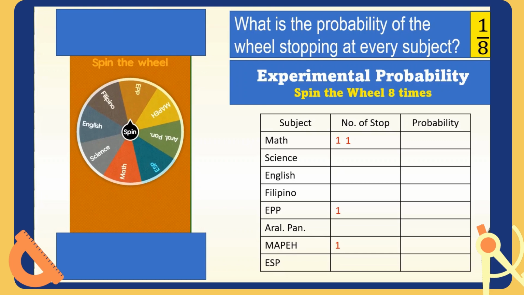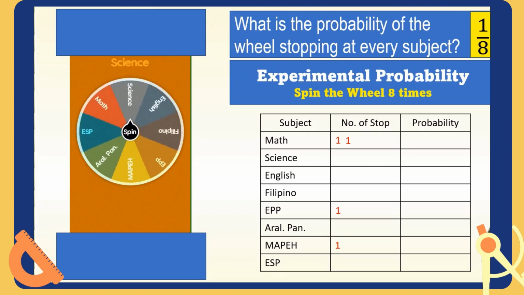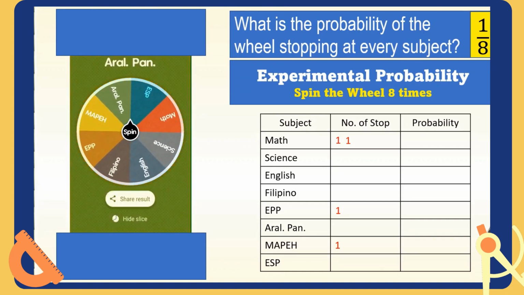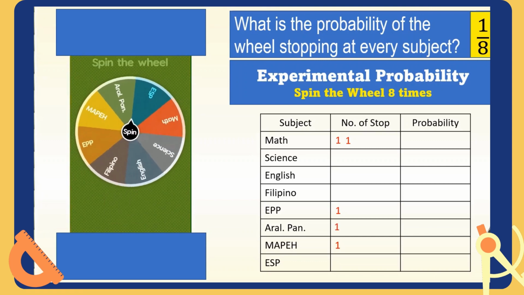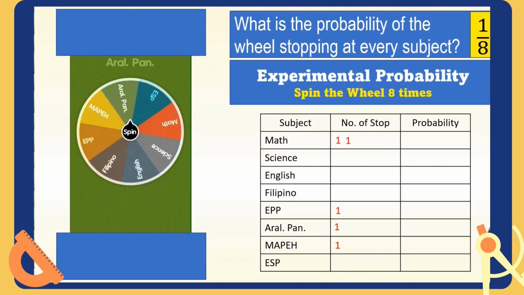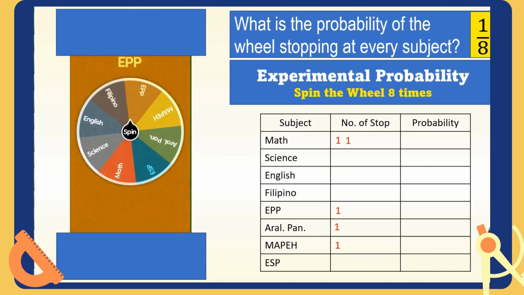Next, pang-limang trial na tayo. Tingnan natin kung saan hihinto. Ito ay huminto sa Araling Panlipunan. So, lagyan natin ng 1 point sa Araling Panlipunan. Sunod, EPP ulit. So, huminto ulit sa EPP. So, 1 ulit sa EPP.